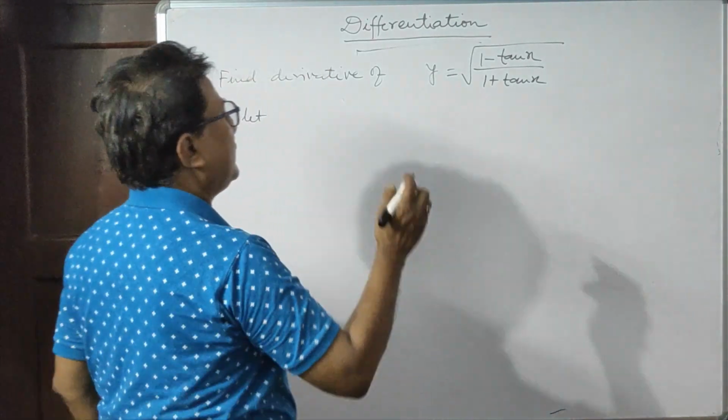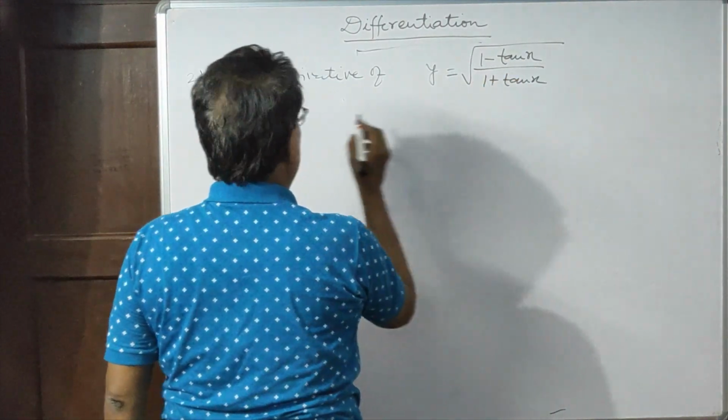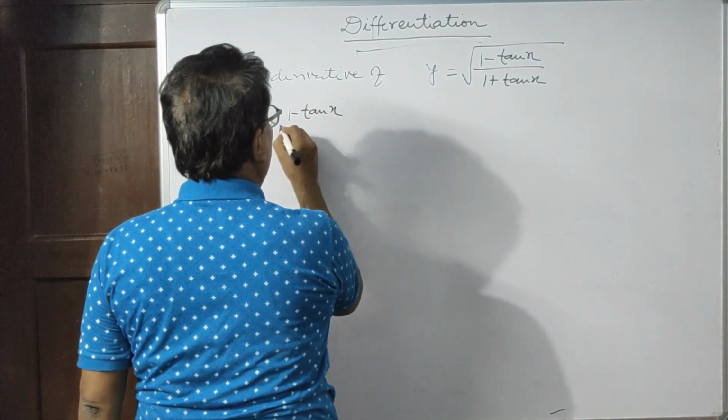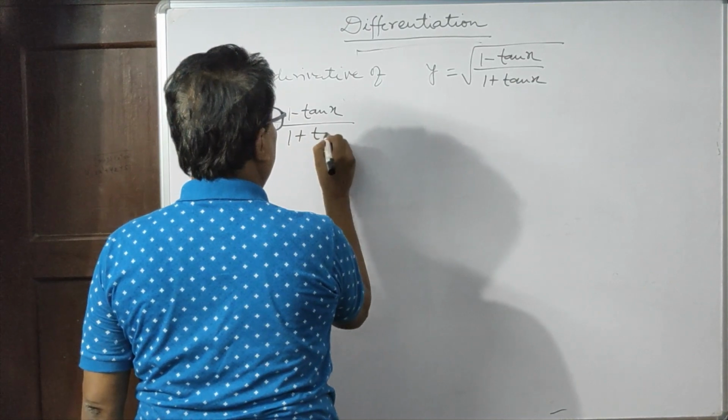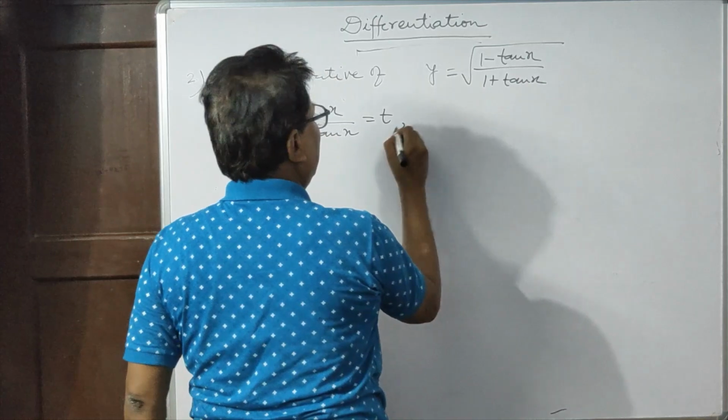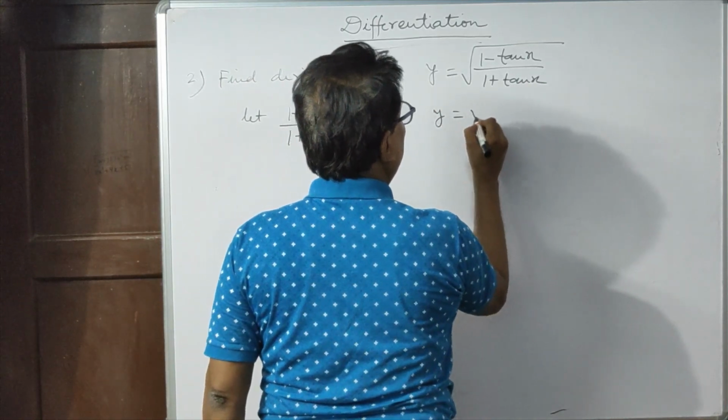First of all, let 1 minus tan x by 1 plus tan x be equal to t. Then y is equal to root t.